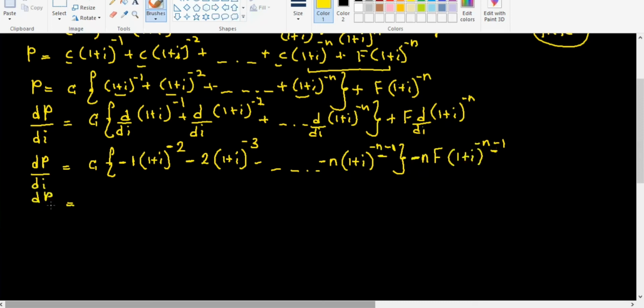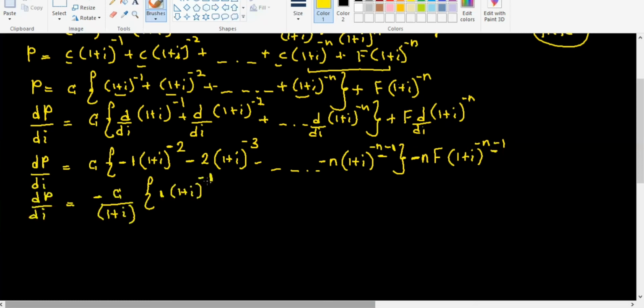So we can write it like this: the negative factor I'm taking out from this bracket, and I'm taking 1 plus I also out. Then what we are left with is, since we have taken this negative factor, one positive 1 is here, and (1 plus I) to the power not minus 2, only minus 1, right?